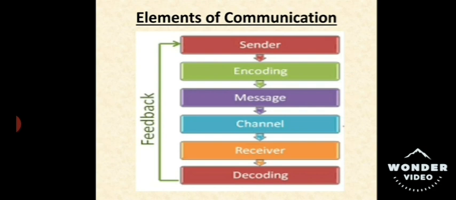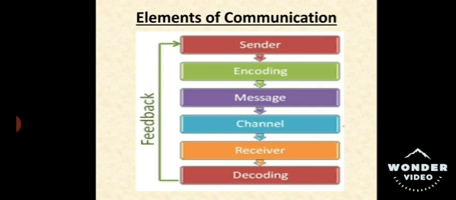The second element here is encoding. Encoding might be a new word for you. Encoding is the process of giving some structure or form to the message. It can be a group of words or some picture or some sound that forms the message.